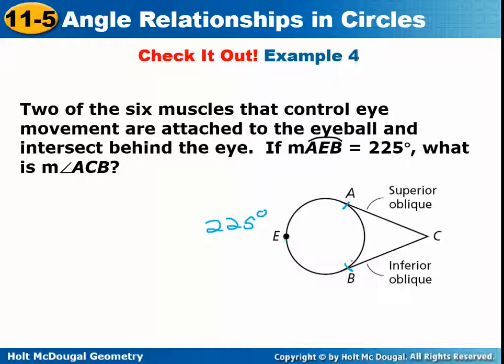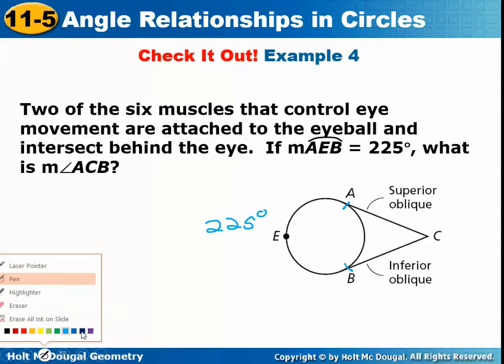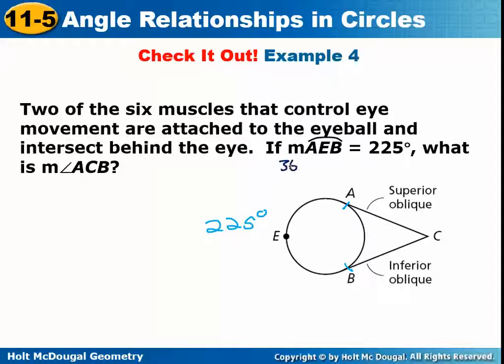Well, because you know there's 360 all the way around a circle, we can find the smaller arc by taking 360 minus 225. And we get 135. So now we know we have 225 here and 135 here.